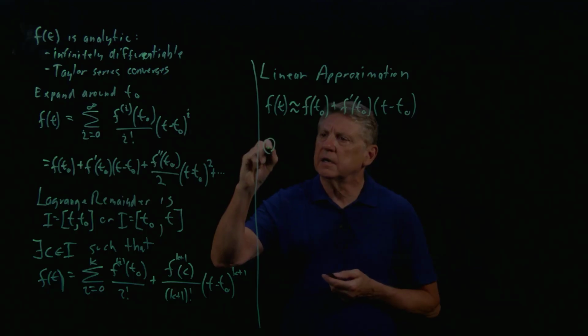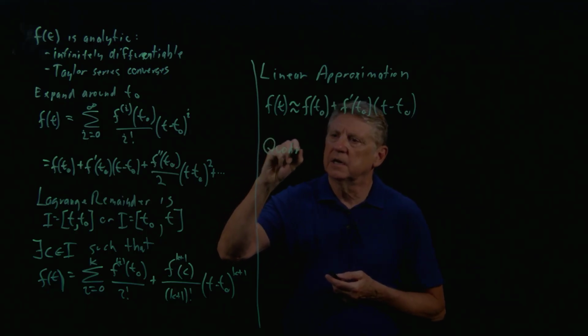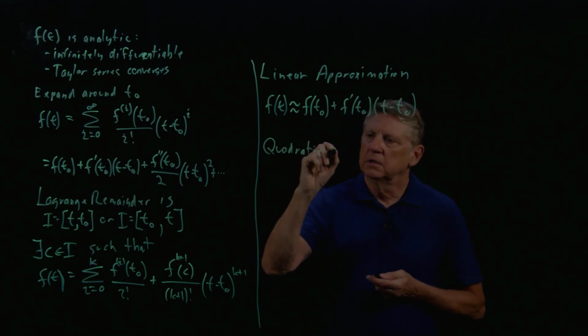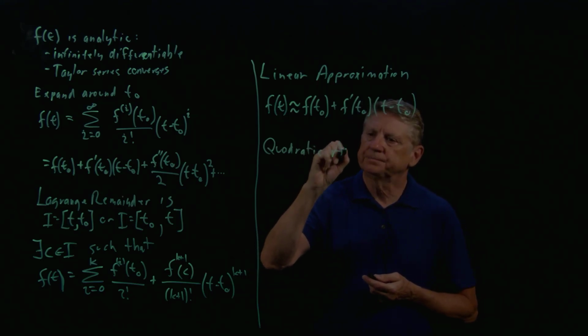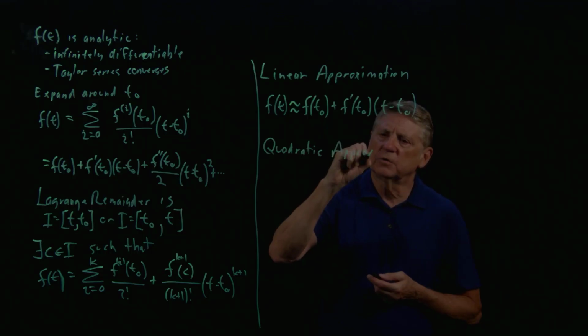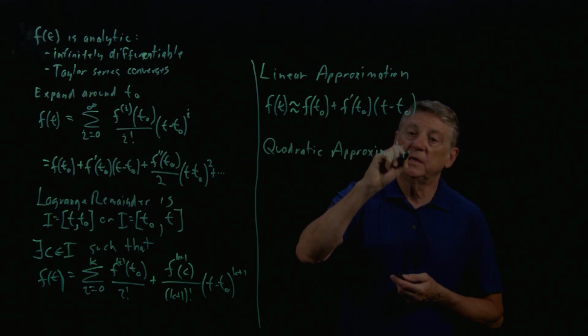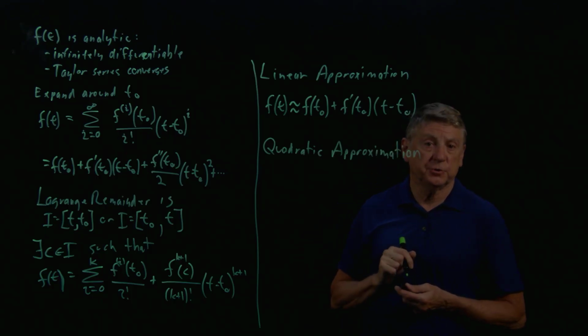A quadratic approximation is another one that is very useful in numerical optimization. In a quadratic approximation, we truncate it after three terms.